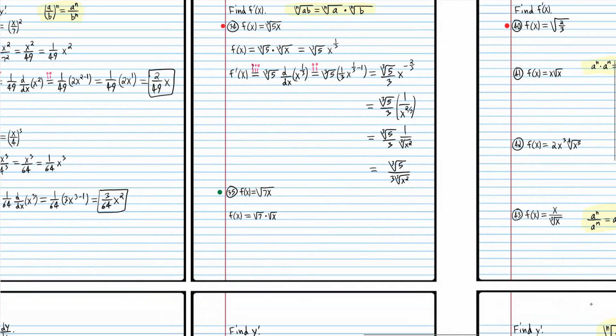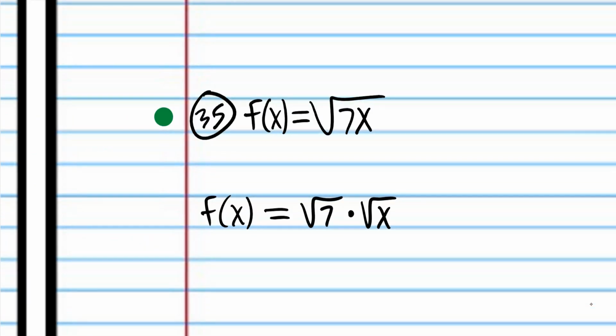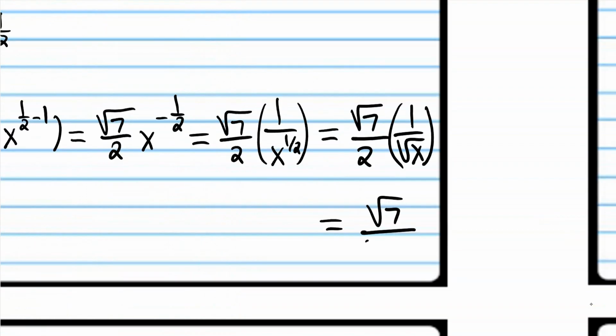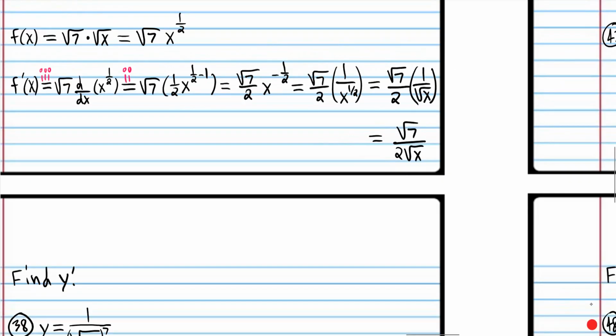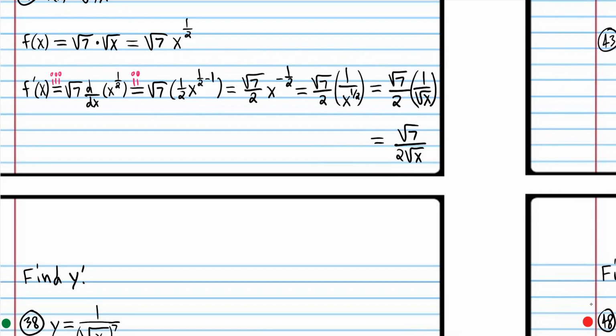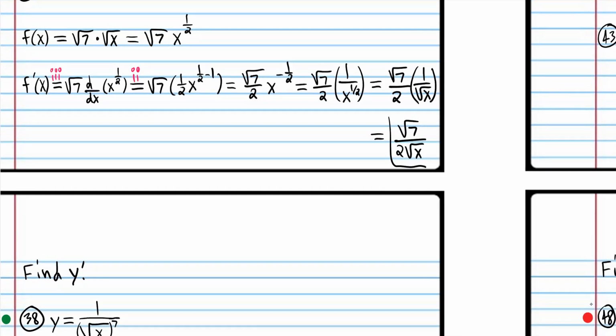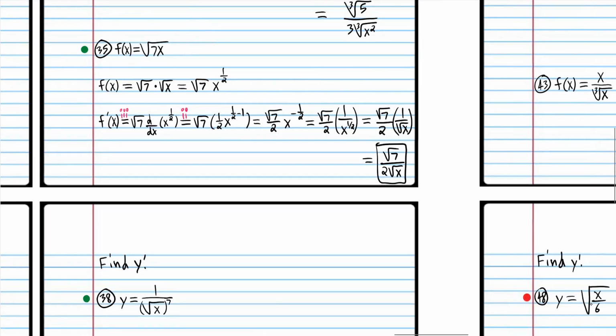Again, we don't see 2 in the index. You see this, the blue 2? It's there, we just don't write it. Over 2 times the square root of x, and we could combine these square roots to make a slightly more simplified answer, but it's not really necessary at this point, and we don't have enough room anyway.